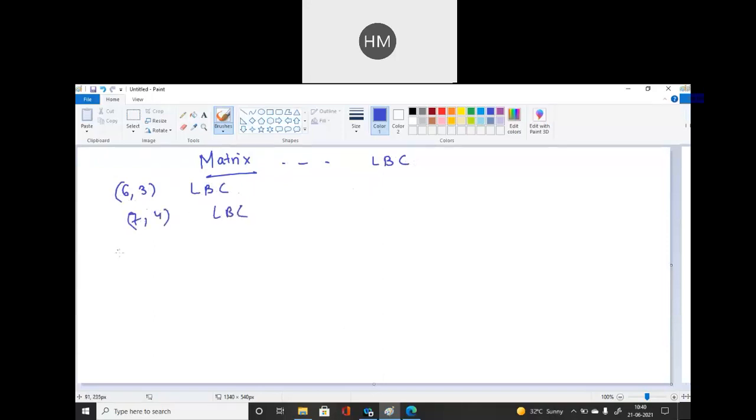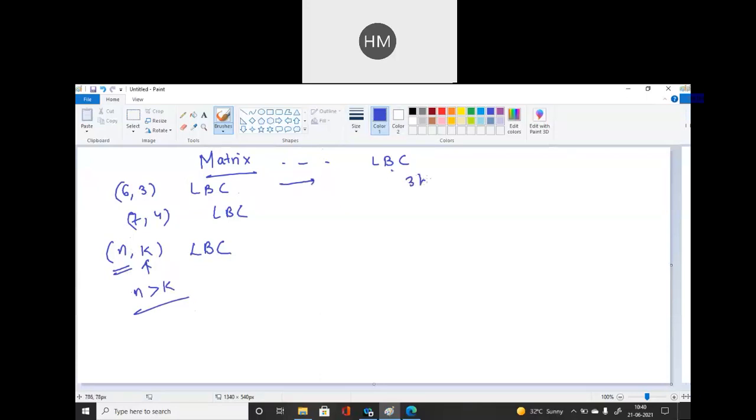That means (n,k) LBC codes. k is the length of the original message. The original message is passed to the channel encoder and it will generate n number of bits. So always n is greater than k. This is the first condition.